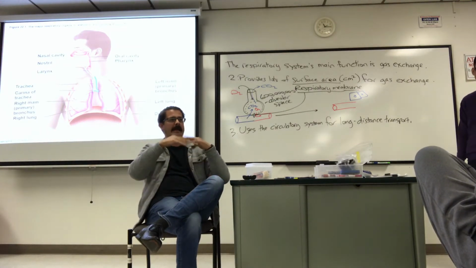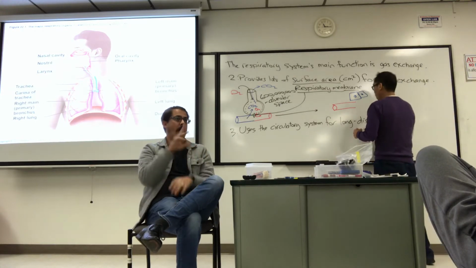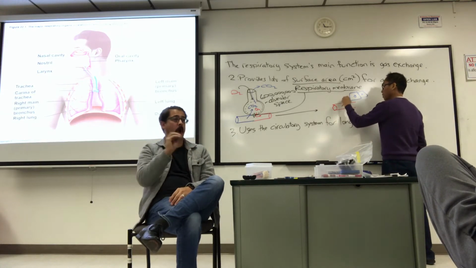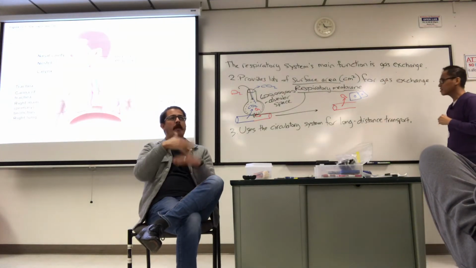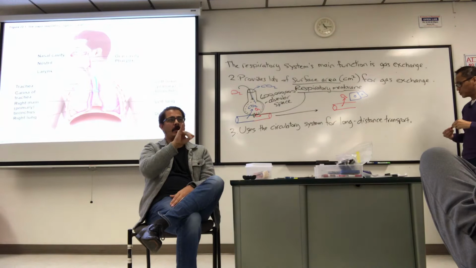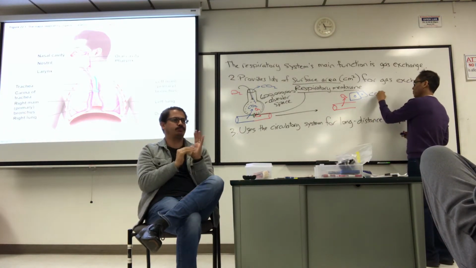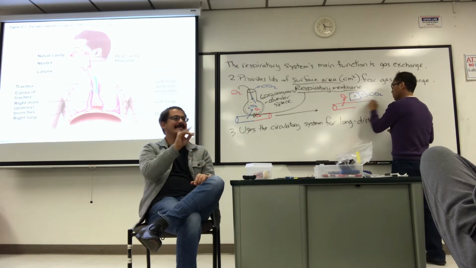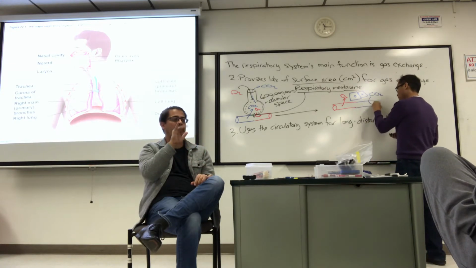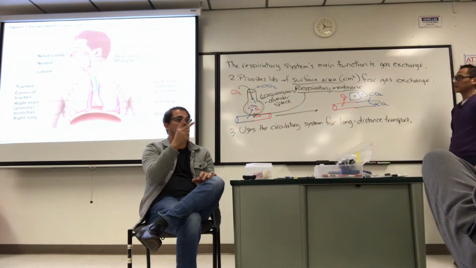Oxygen is always used by your body's tissues, so you have low oxygen in the tissue, and oxygen leaves the arterial blood in the capillaries. CO2 is a metabolic waste product building up in your tissues, so the systemic capillaries are going to pick up the CO2. It's the reverse.